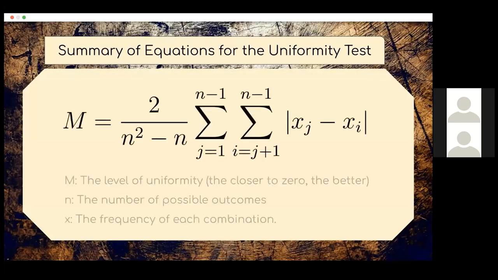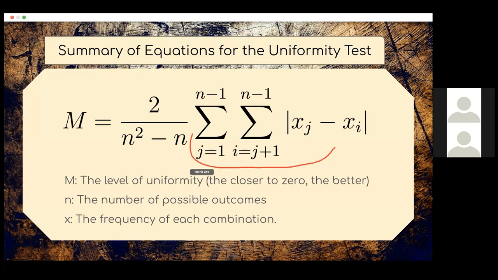So to summarize our equation, we define a final measurement, which we denote as m, as the level of uniformity of any set of random numbers. As we can see here, this is our d value, and then we divide by the total possible combinations, which gives us our m value. And n is the number of possible outcomes, and x is the frequency of each combination.